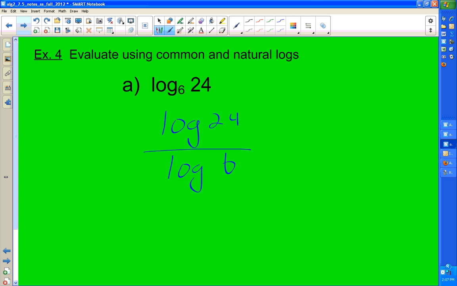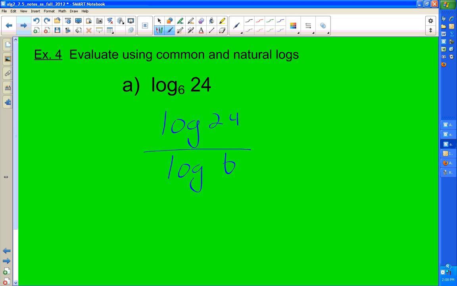When you are doing change of base, you need to do the log of 24 on the top and divide it by the log of 6 underneath. It is not the log of 24 over 6. Find the log of 24, find the log of 6, and find their quotient.